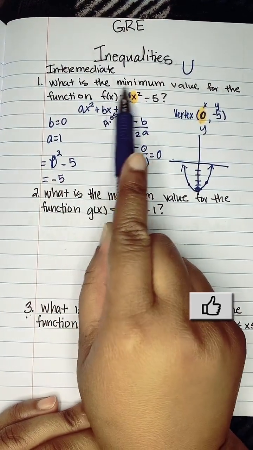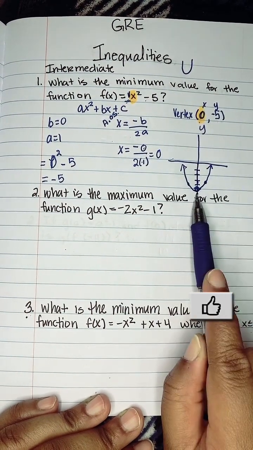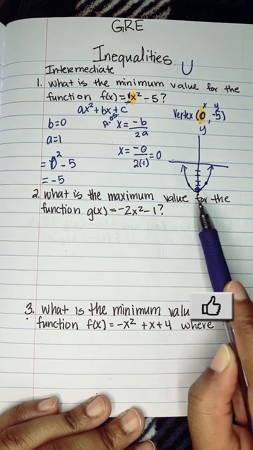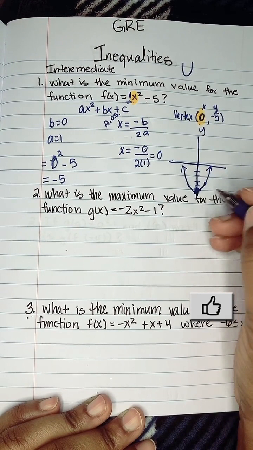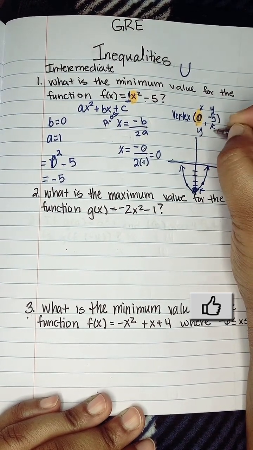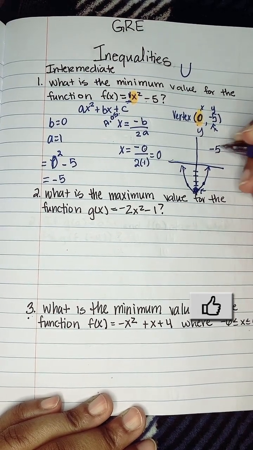So when they say, what's the minimum value? Well, your minimum value is negative 5 because that's the lowest that this graph would be because it goes up. So that's why this is a minimum here. The minimum value is negative 5. I hope that makes sense. Does that make sense, you guys?